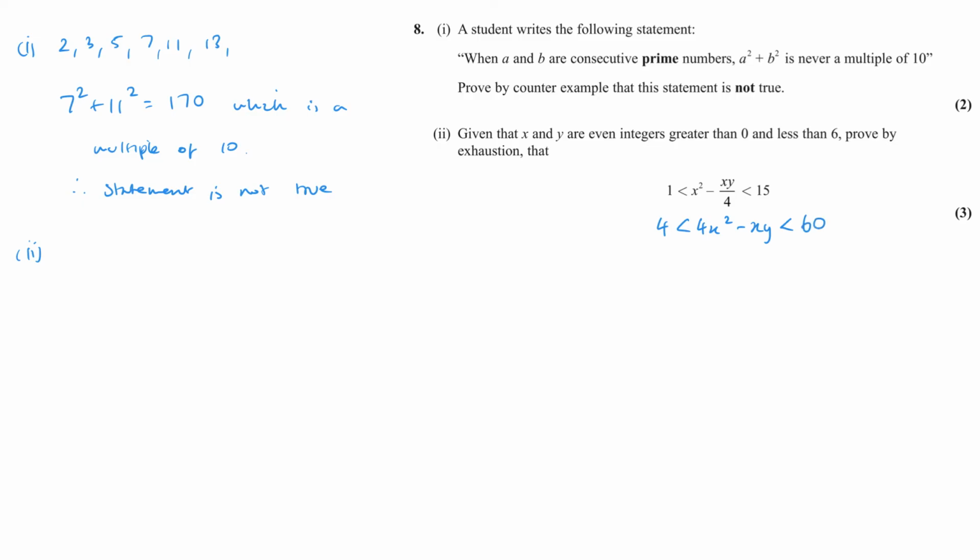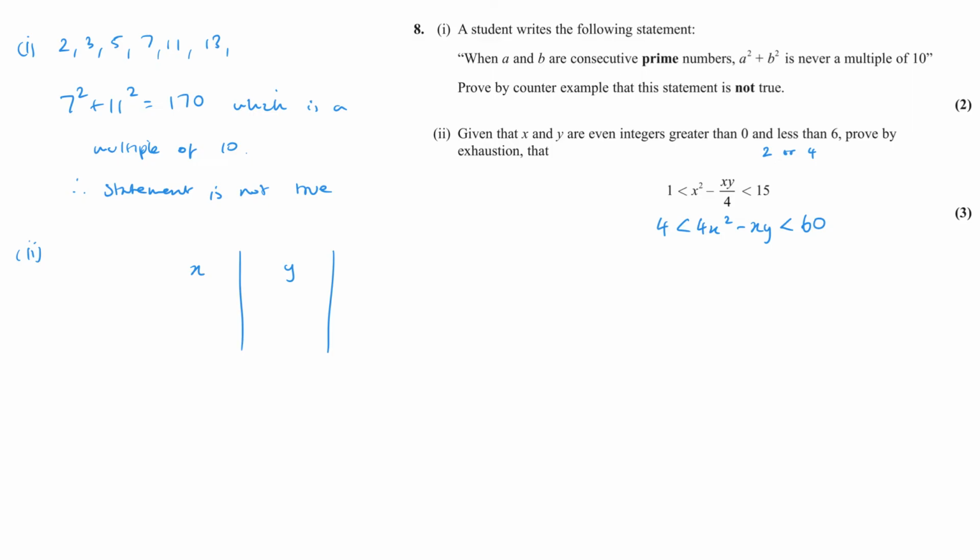And then let's set up a table. So x, y. Given that x and y are even integers, greater than 0 and less than 6. So that's just 2 or 4, isn't it? Because it doesn't say less than or equal to 6. It's just 2 and 4.